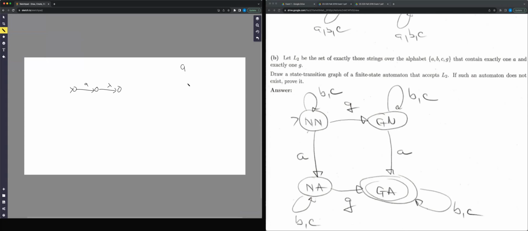Say I told you I wrote an A so far. Which state am I in? Because there's a lambda here, it's free to move to the next state, so it's impossible for me to determine whether I'm in this state, having already finished the A, or in this state, having already finished the A. If this was deterministic, I couldn't have a lambda transition. If I told you I've written an A so far, you would know for a fact I would be right here.